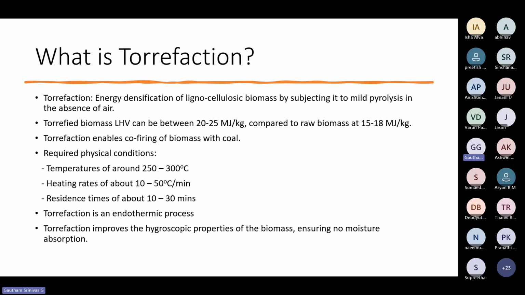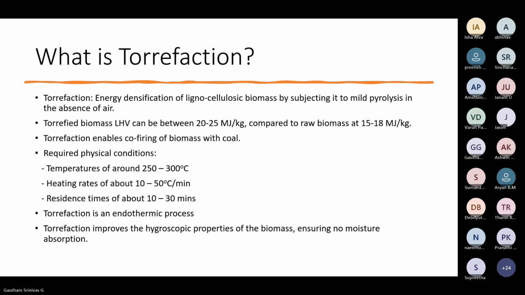What are we measuring in proximate analysis? This was covered, I think, 2-3 days ago. So what is proximate analysis? What are we measuring there? Sorry, I didn't hear you properly. The water, like the moisture?